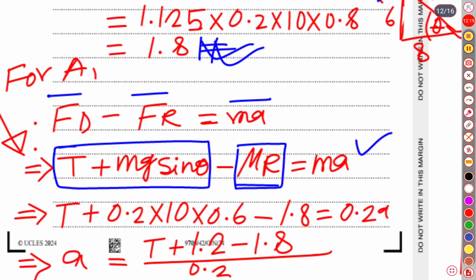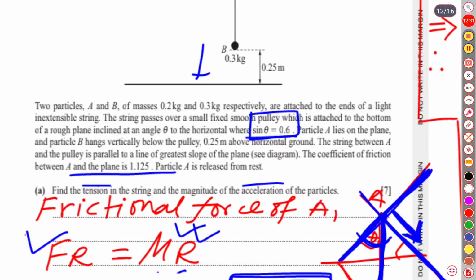Then this is equal to mass into acceleration. After that we have written T, and m is 0.2, g, acceleration due to gravity, is 10, and sin theta is 0.6, which is already given. I have shown and explained this. So we have just substituted the values.